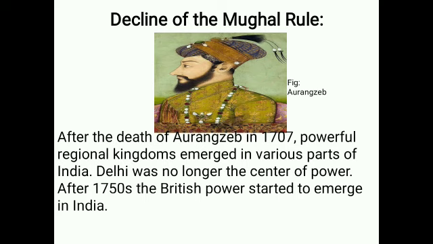With the death of Aurangzeb, the ruler at Delhi was always a weaker person. The last Mughal ruler, Bahadur Shah Zafar, was also a weak ruler. So the British started to emerge in India and they saw a great opportunity of controlling India.